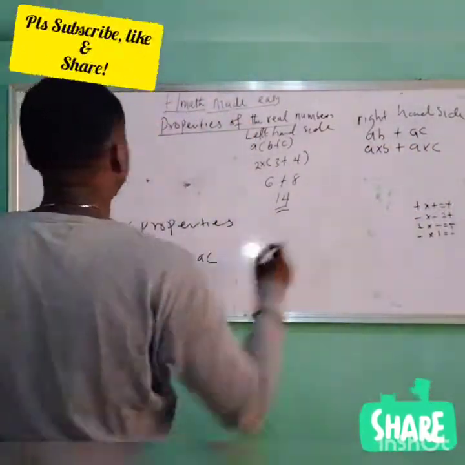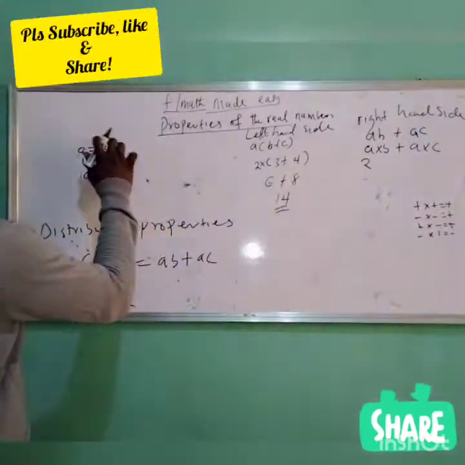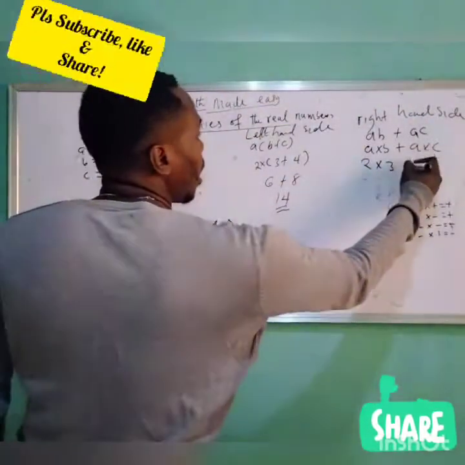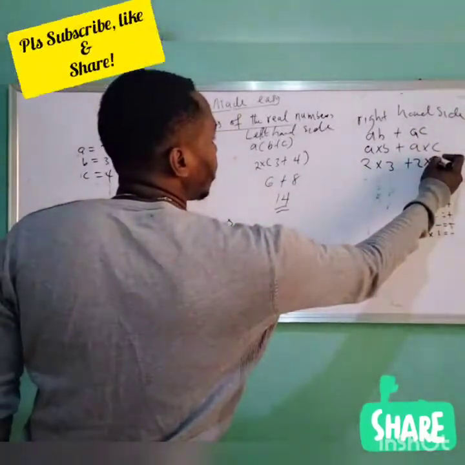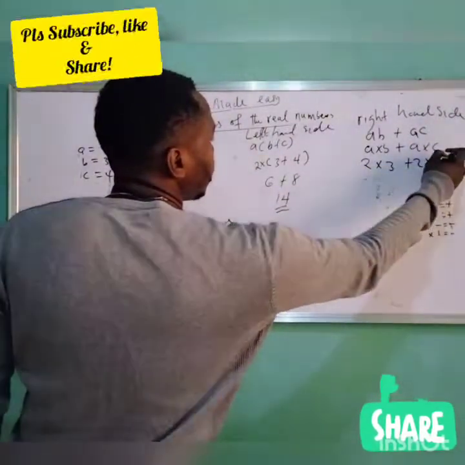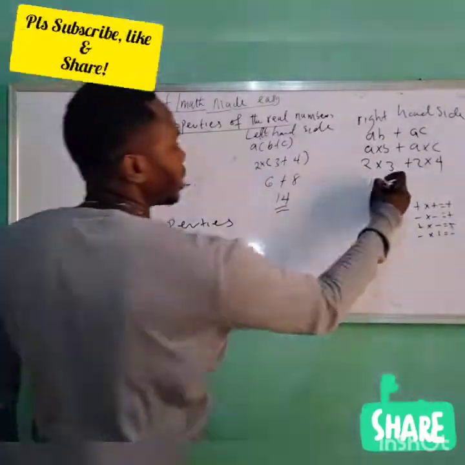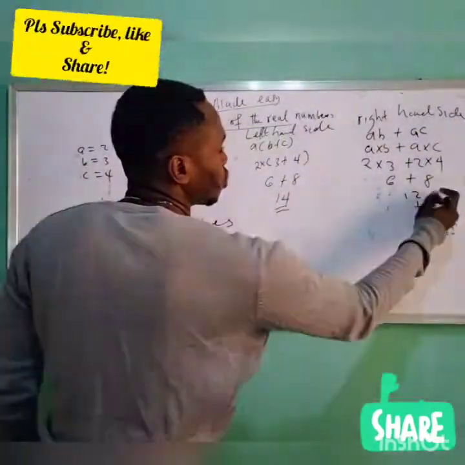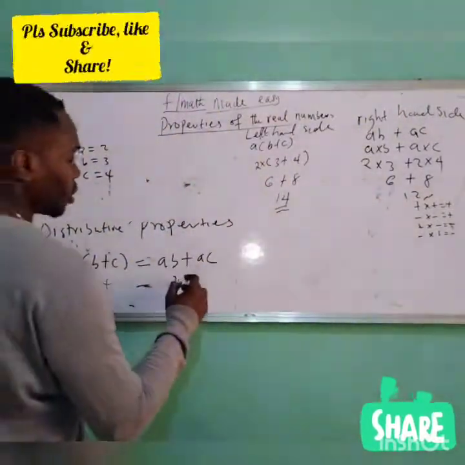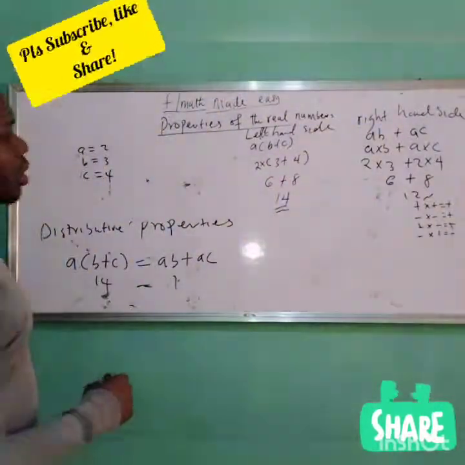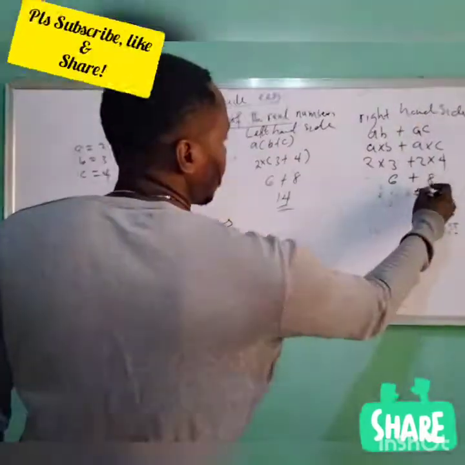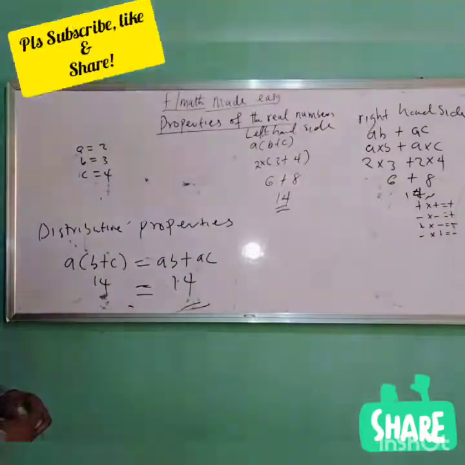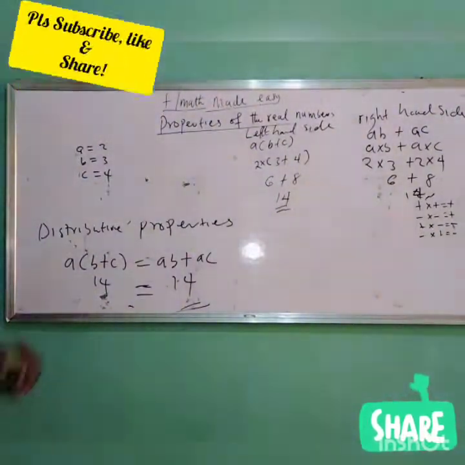So our a is 2, our b is 3, and our c is 4. So 2 times 3, 6. 2 times 4, 8. If you add this, it gives you 14. So this is the proof that the distributive property is true for the left hand side and the right hand side.